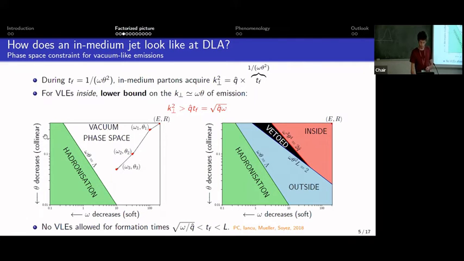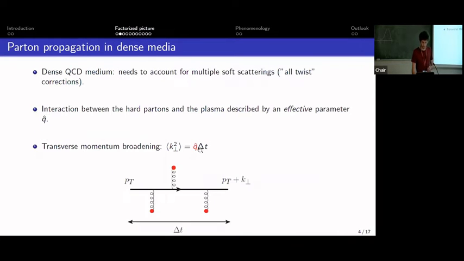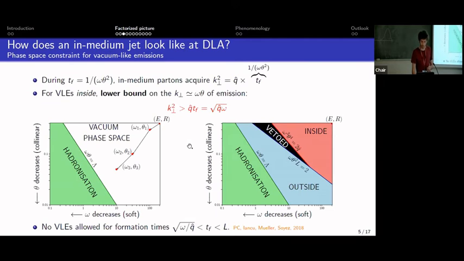If you just, very naively, plug in this expression for the formation time, you see that necessarily inside the medium, during the formation time of the parton, the transverse momentum squared has to be larger than q hat times this formation time, t_f.